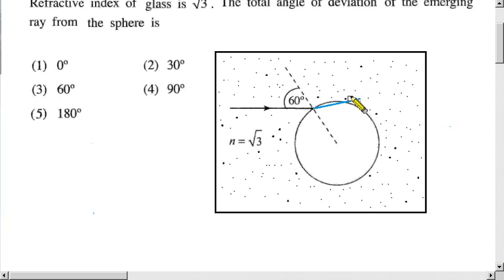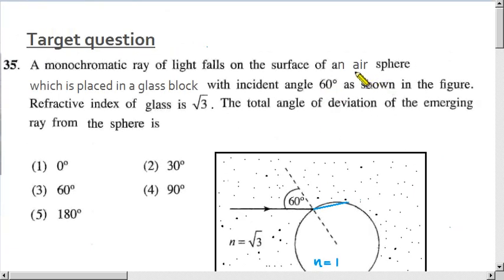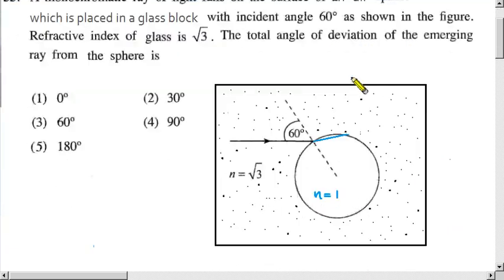It should bend like this, because this one is an optically denser medium, this one is a rarer medium. Now you have to take the refractive index of this medium as 1, because it is air, it is an air sphere.